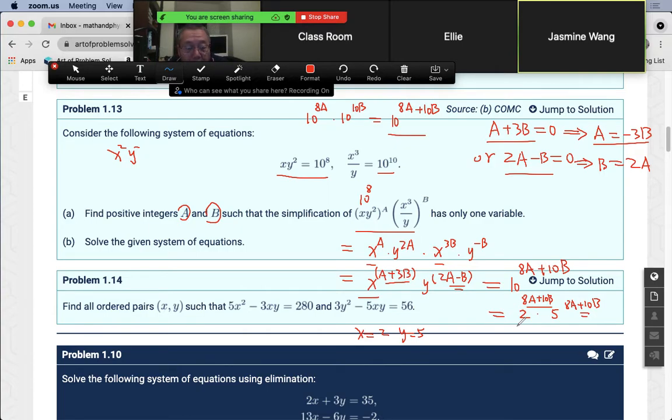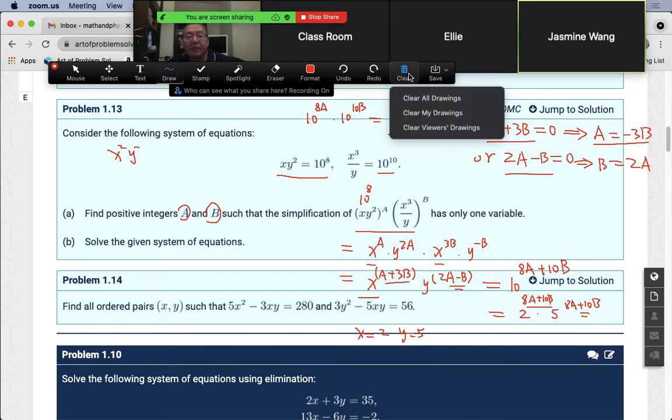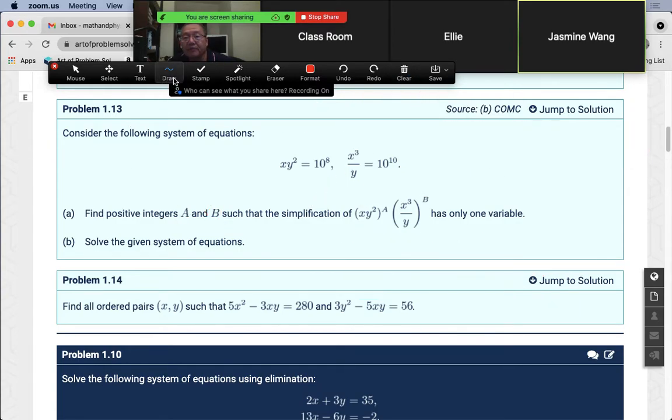That will be 7a, 9b. Not right. 6a, 9b. Looks like this one does not work. Let's see. This one equals 10 power 8 and x power 3 over y equals 10 power 10.